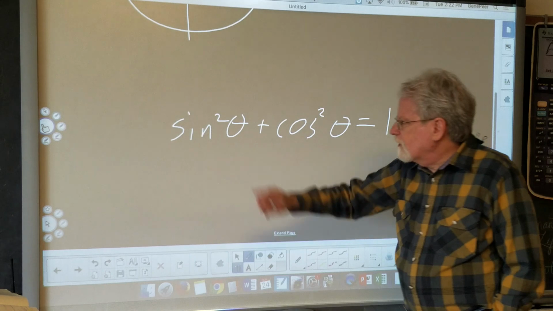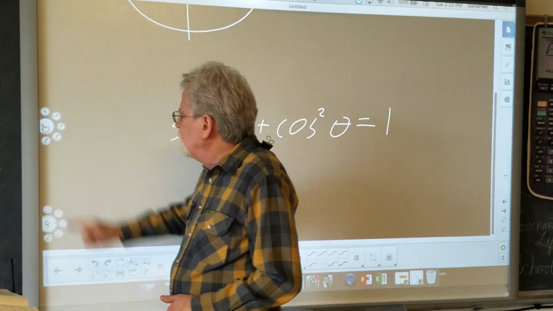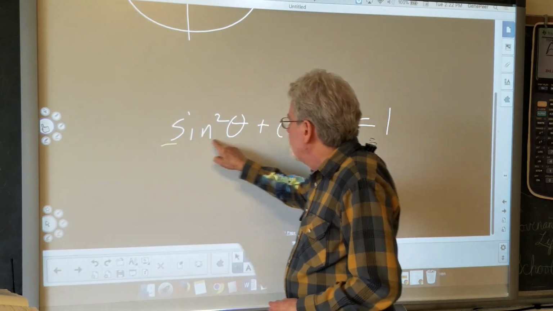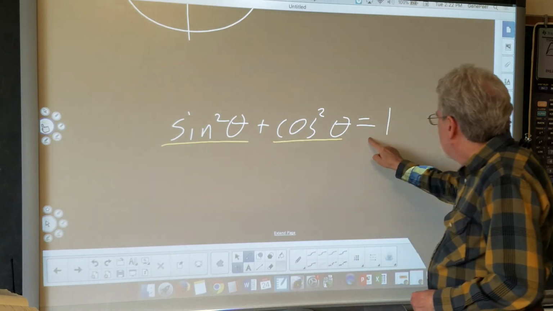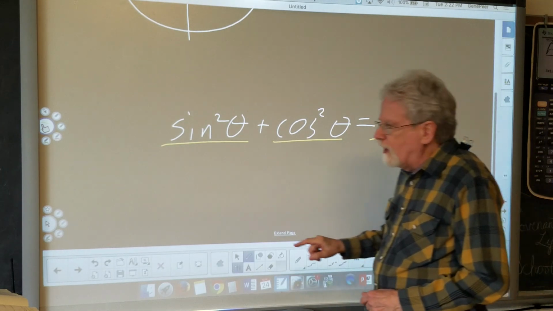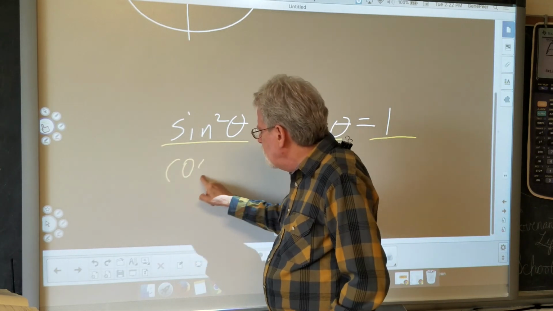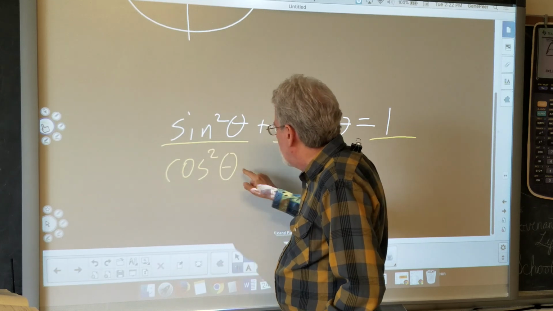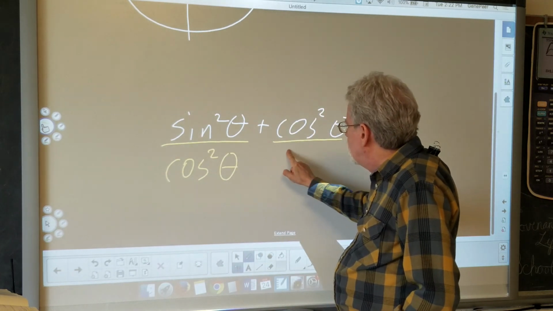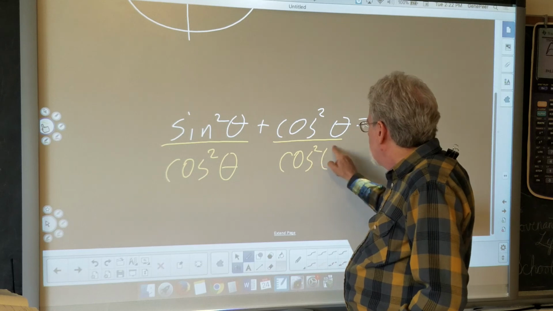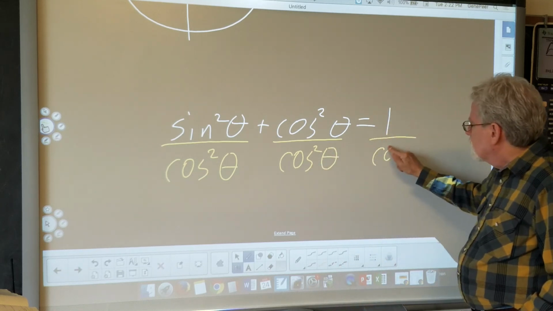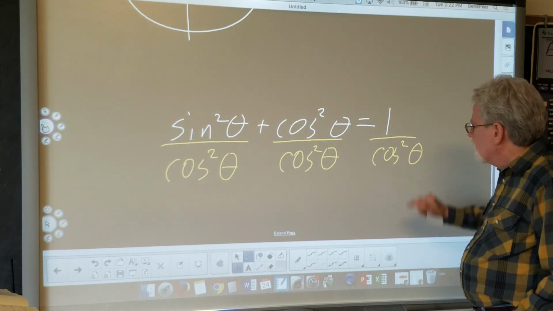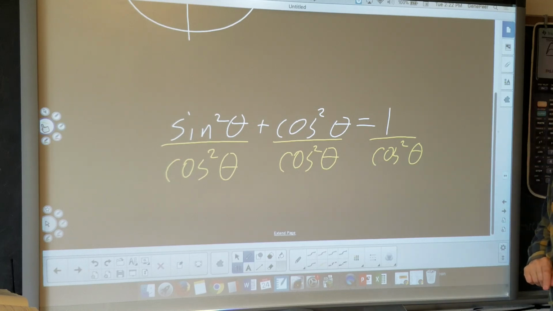Now we're going to take this and do something pretty cool to it. I think it's pretty cool. We're going to divide both sides of the equation by cosine squared theta. Why would you do a thing like that? Just watch what happens. Really cool things happen.